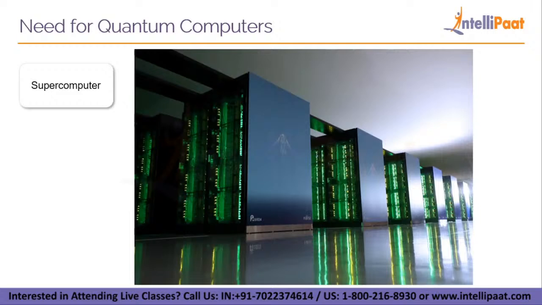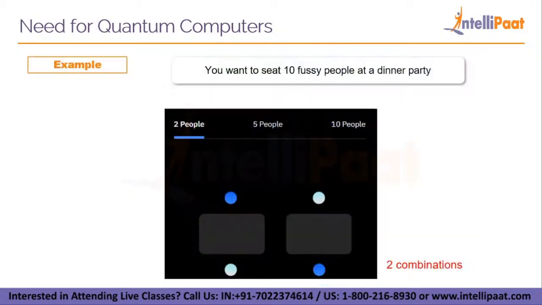Classical computers can do many things, but there are so many things that they cannot do. Let us take a look at one such example of a problem that classical computers struggle to solve. Imagine you want to seat 10 people at a dinner party where there is only one optimal seating plan out of all the different possible combinations. How many different combinations would you have to explore to find the optimal seating arrangement?